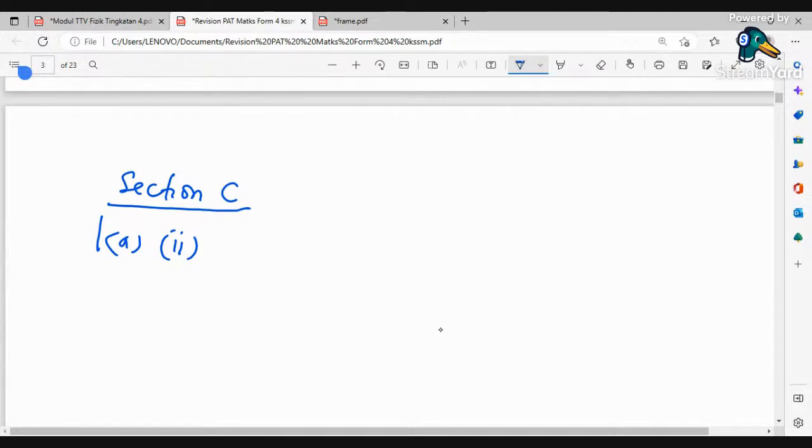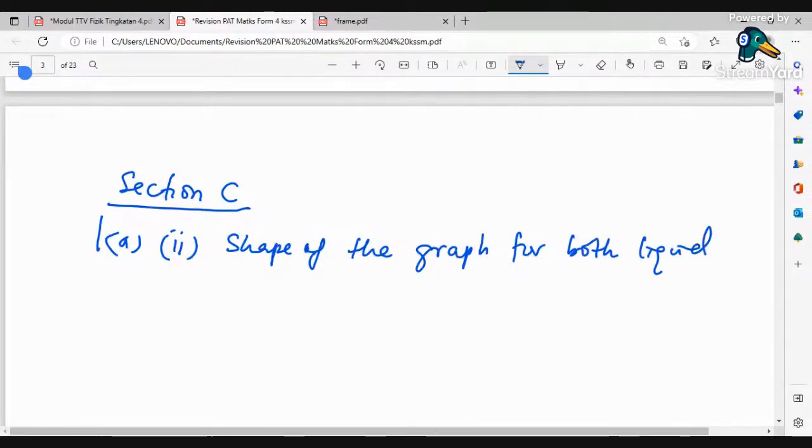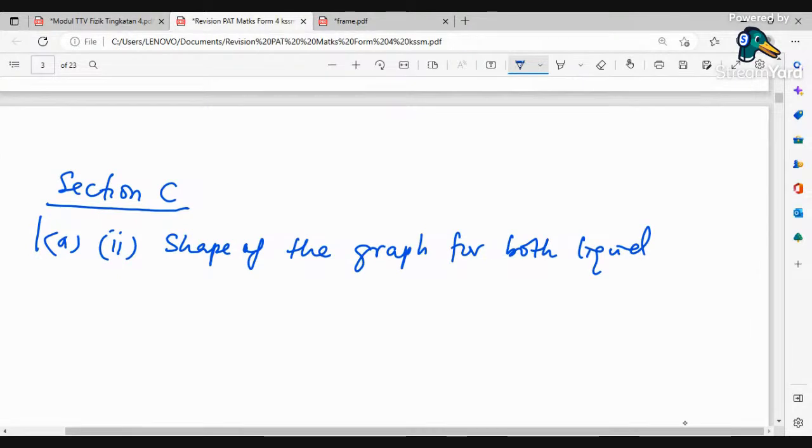Compare dia punya shape of the graph. Okay, for both liquid, bentuk sama, same.